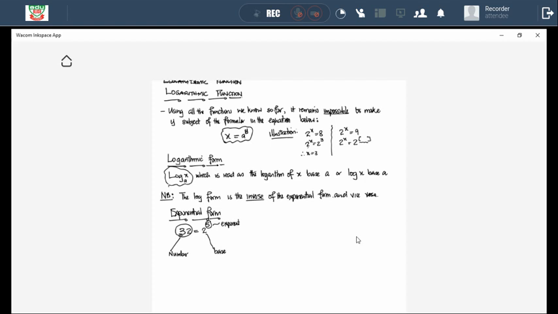If I raise the base to the power of 5, then I'll get my number as 32. That is basic. This is what we did in the lower grades.